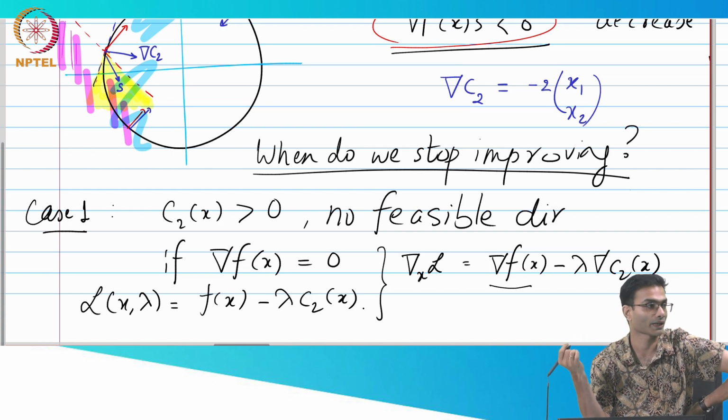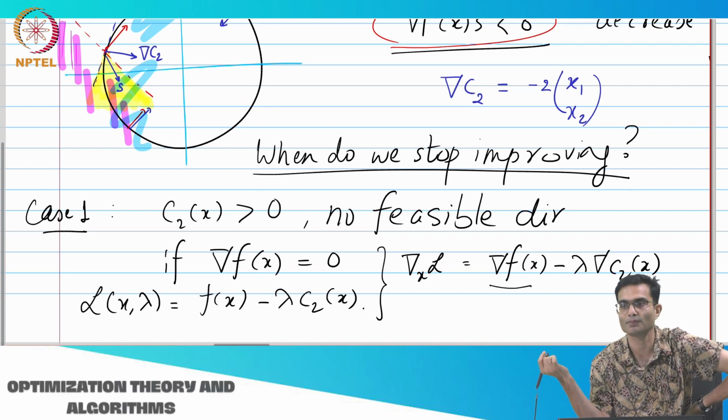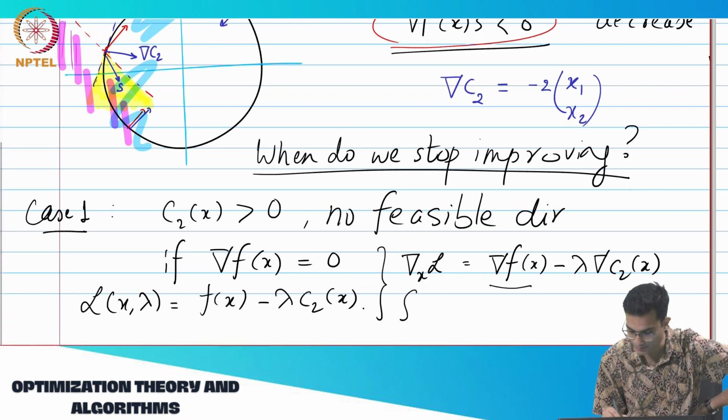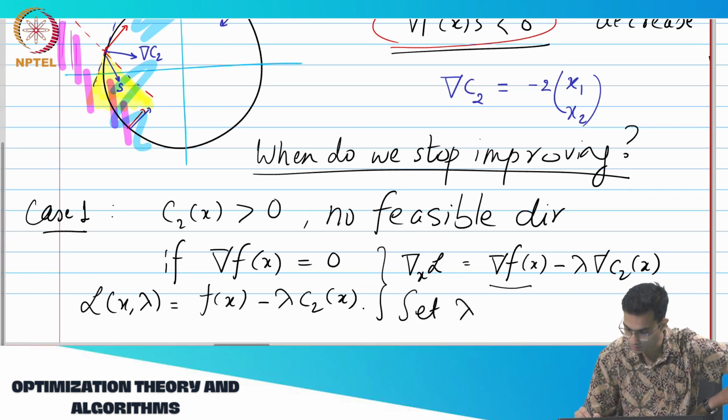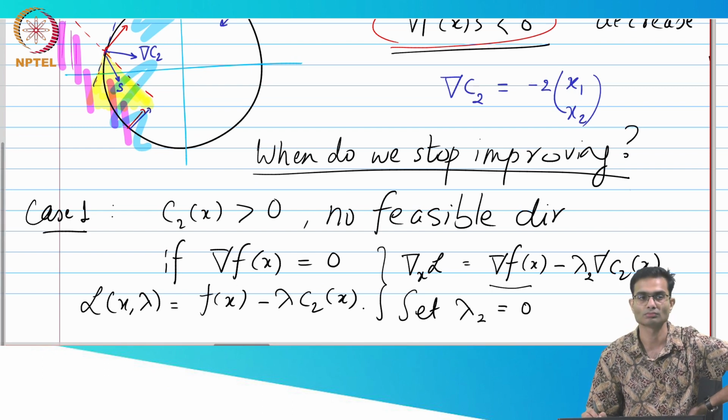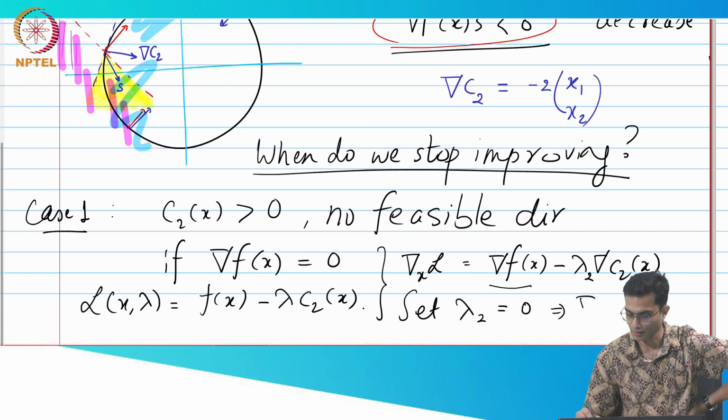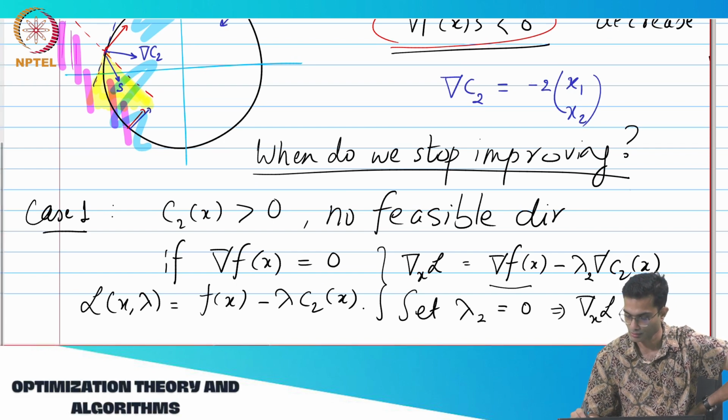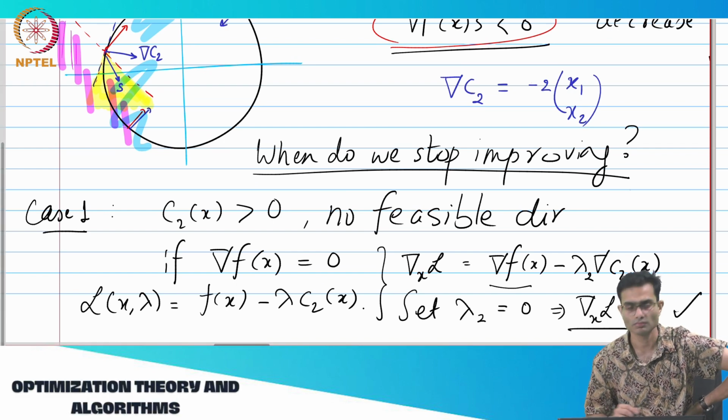Grad C is not in my hand. Lambda is in my hand. So if I set lambda 2 equal to 0, then this condition seems to work.